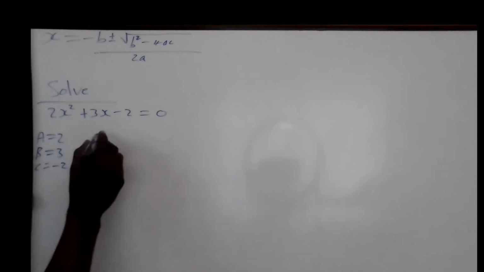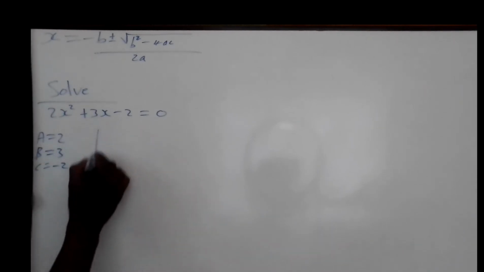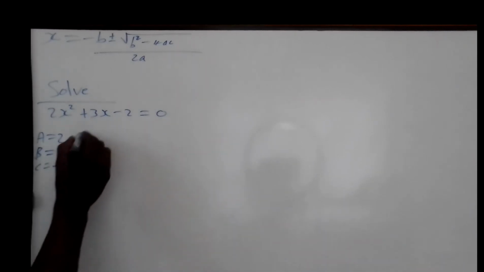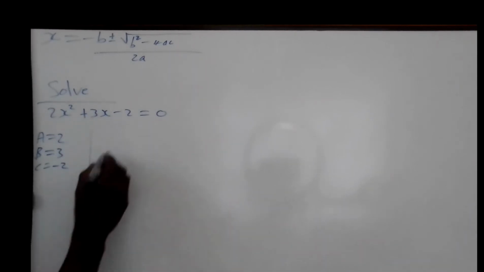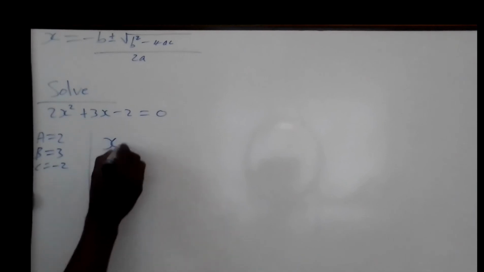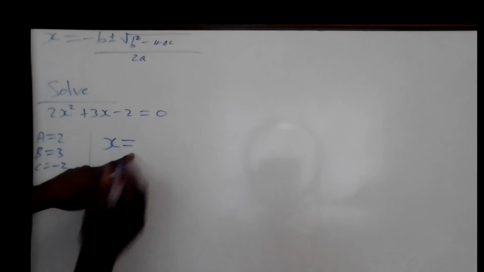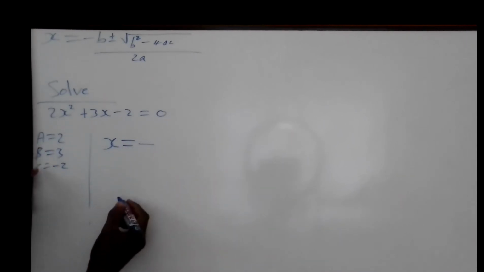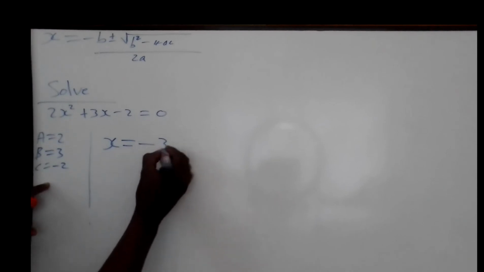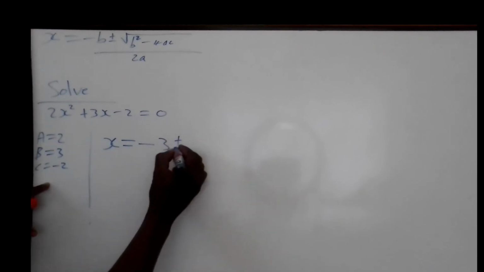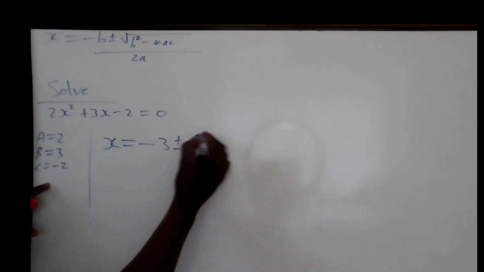So I am going to use the formula. Now, I am going to use the formula to solve this problem. So, x equal minus, what is the value for b? b is 3 plus minus square root.